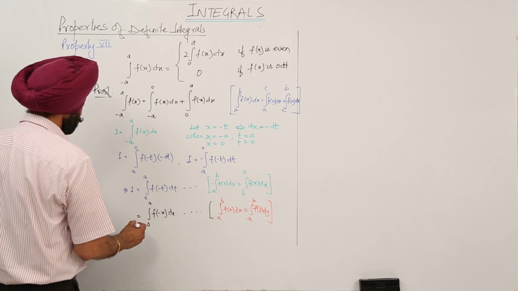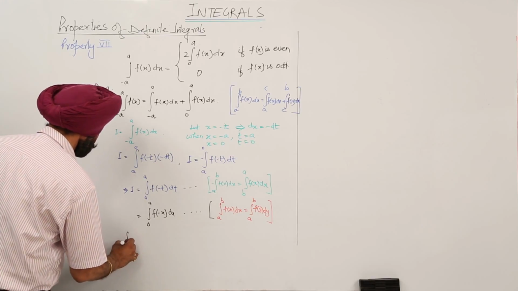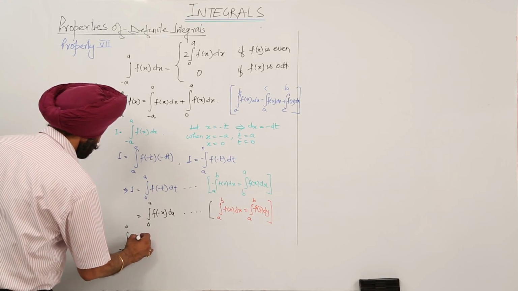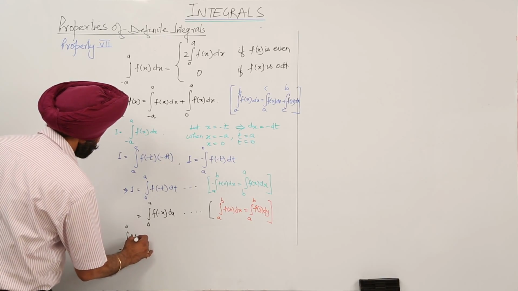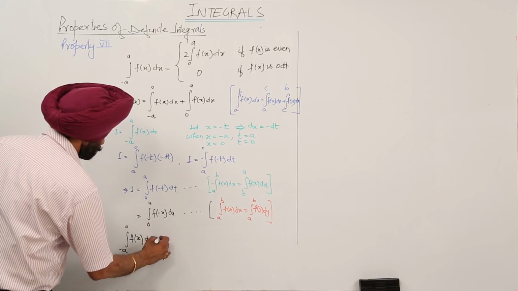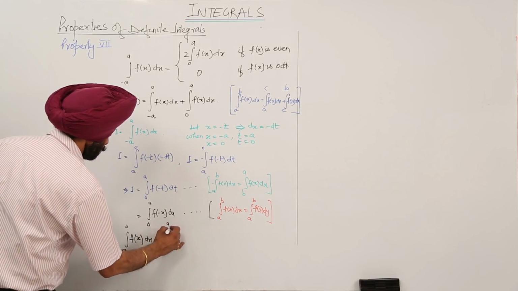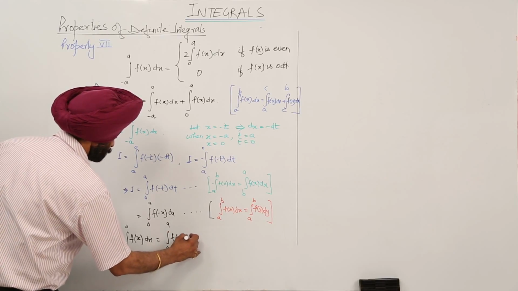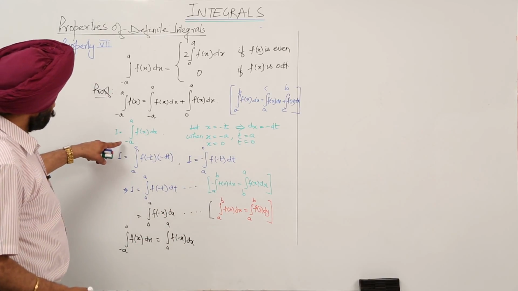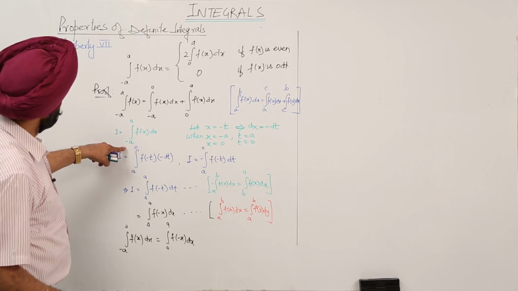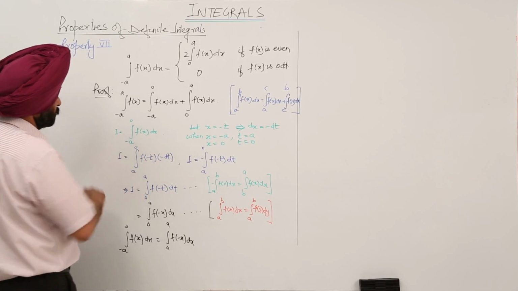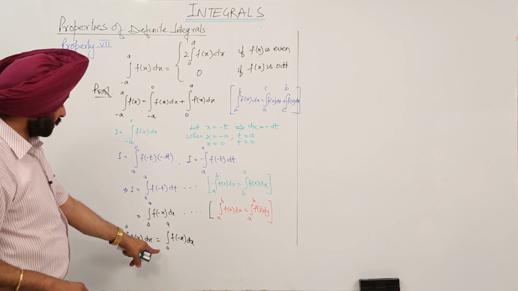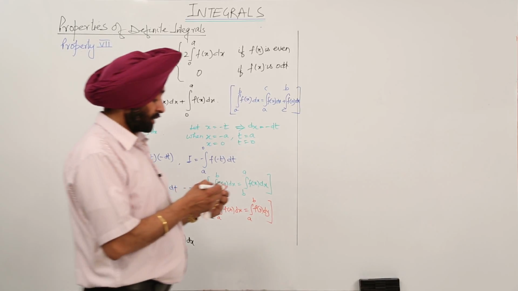So we can write the integral from minus a to 0 of f(x) dx equal to the integral from 0 to a of f(minus x) dx. It was negative of a, it is negative of a to 0. The integral from negative a to 0 of f(x) dx can be written as the integral from 0 to a of f(minus x) dx.